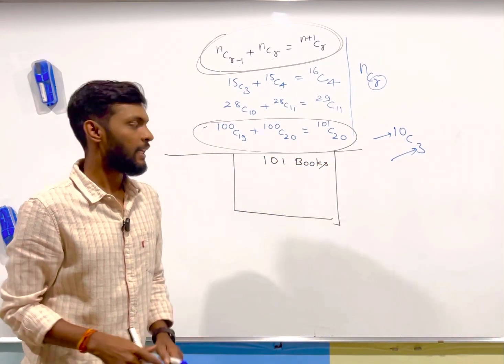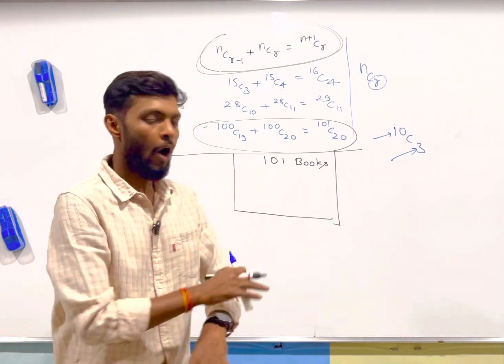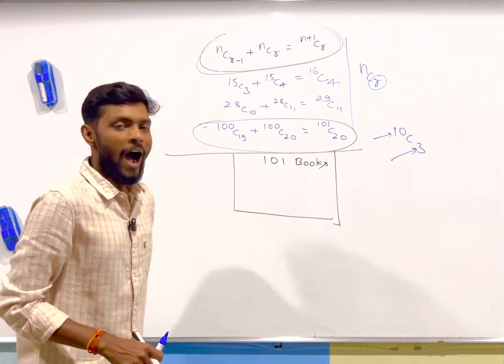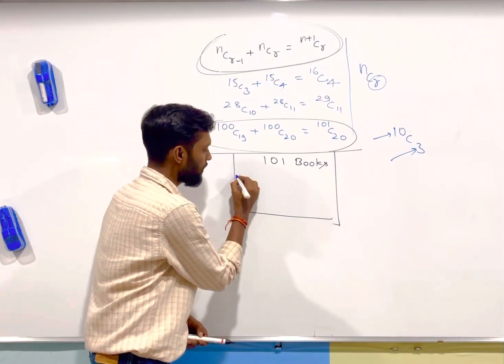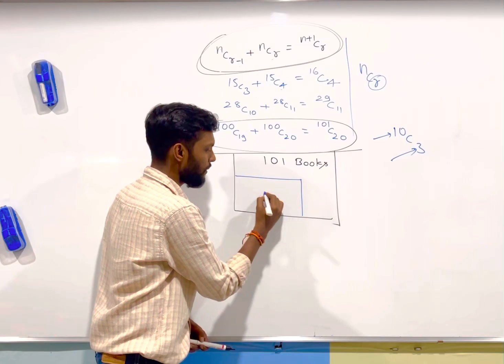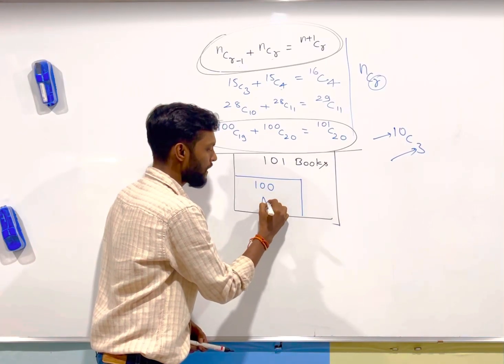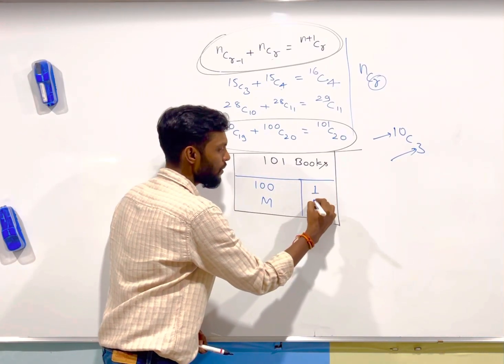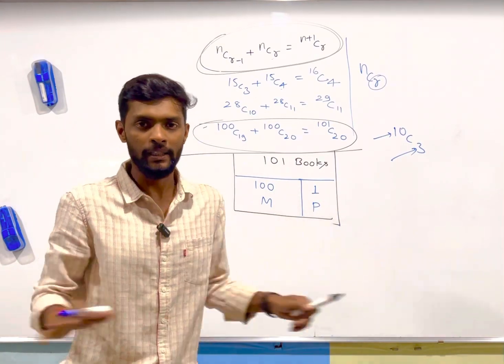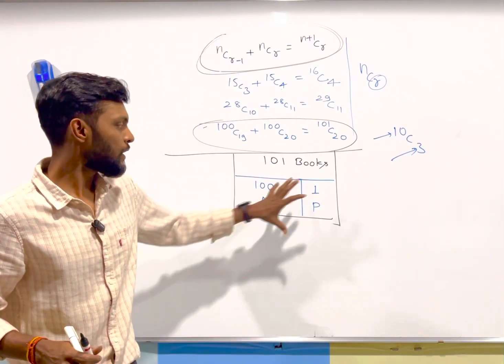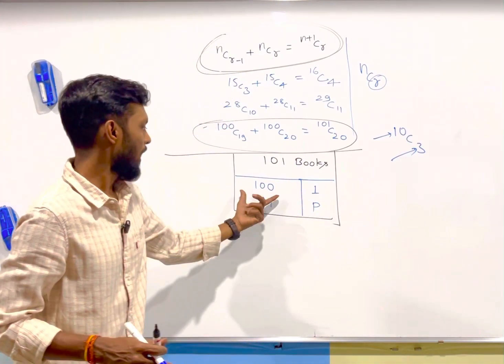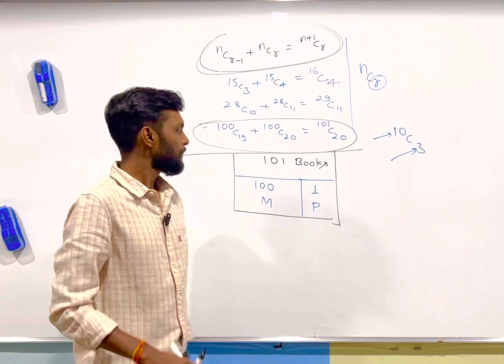There is a shelf and there are 101 books. All books are different. I give you inside information: out of 101 books, 100 books are of mathematics and a single book is of physics. Obviously all books are different.